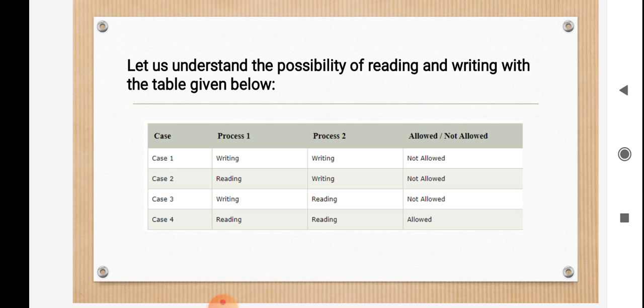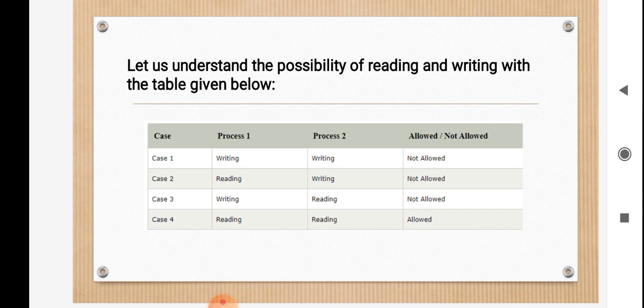Clear? So now what is the problem here? You got it. What is the solution for this reader-writer problem? We need to design the code in such a way that if one reader is reading the content of a shared file, then no writer is allowed to update it at the same time, according to this table.